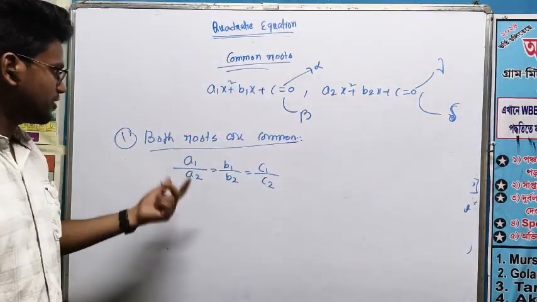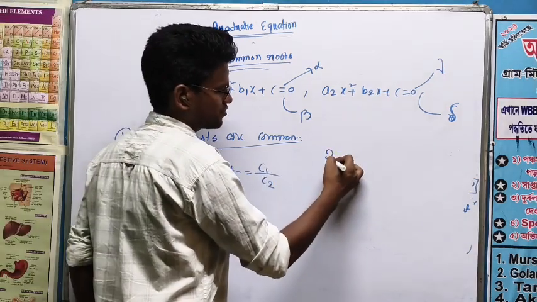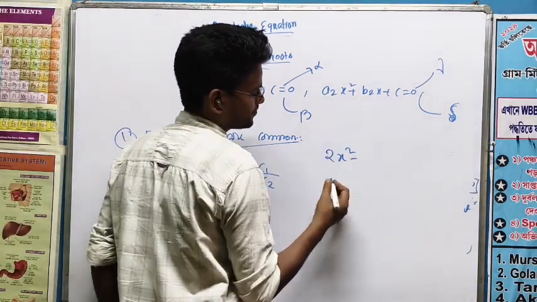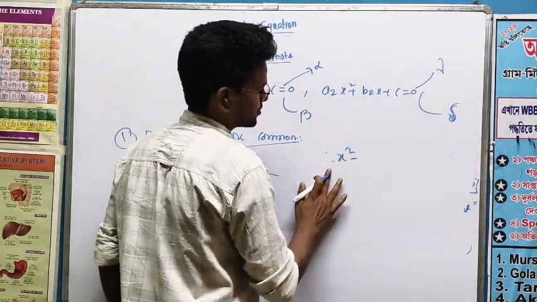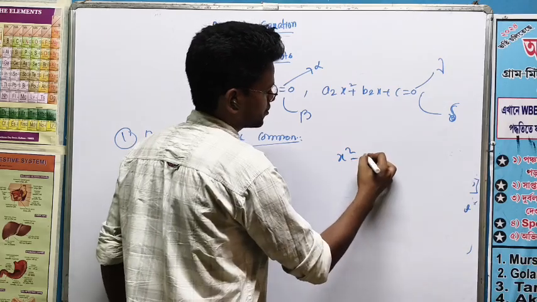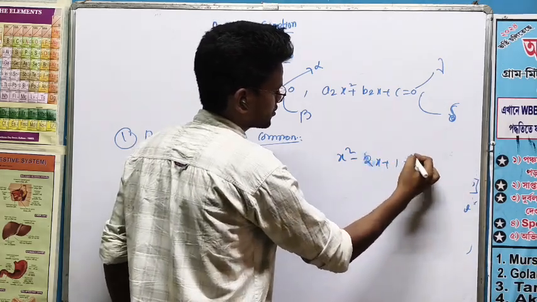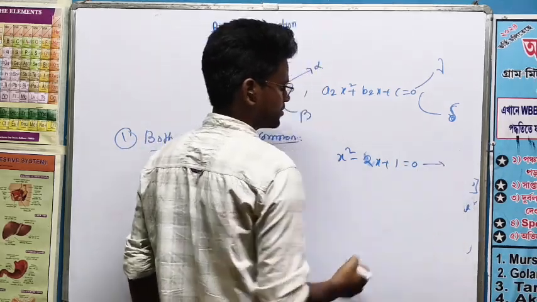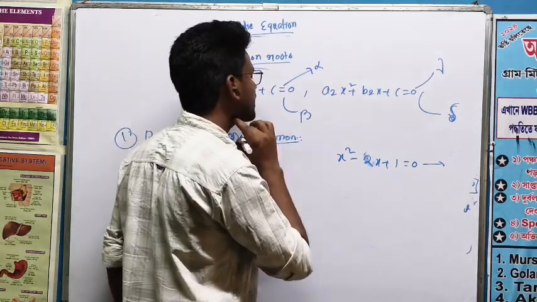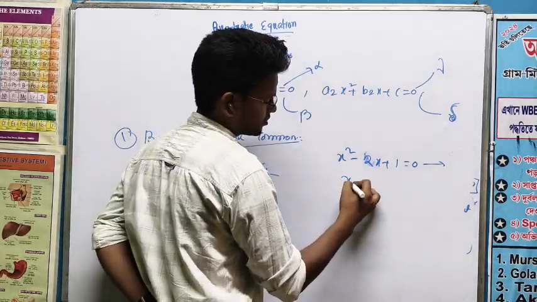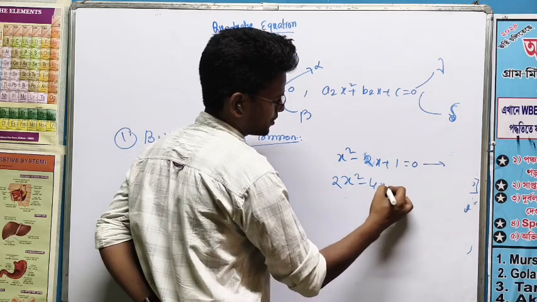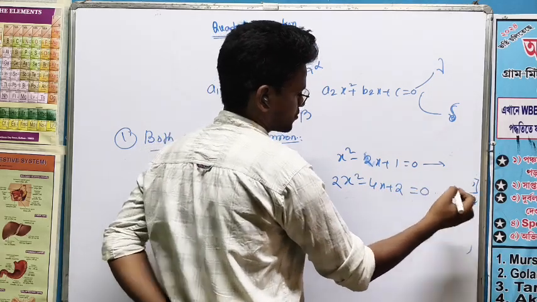For example, take 2x square minus 2x plus 1 is equal to 0. This is a quadratic equation. Another equation is 2x square minus 4x plus 2 is equal to 0.